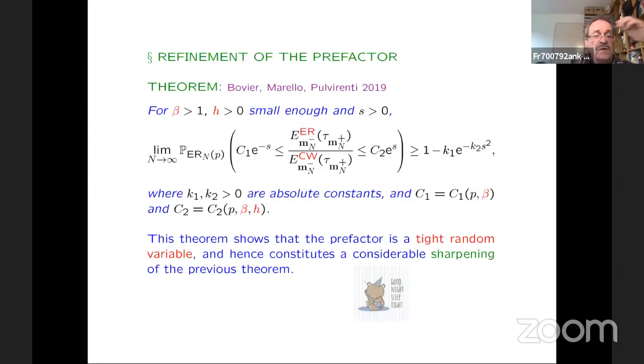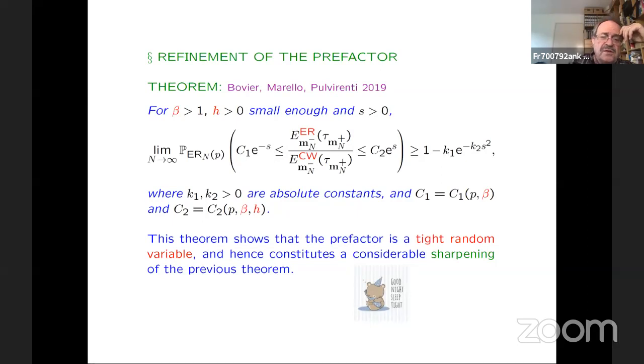And in fact, one can do something better, and this was the result of Anton, Saida and Elena. They proved that if you look at the quotient of the Erdős-Rényi random graph crossing metastable crossover time and that of the Curie-Weiss graph, it is actually tight.